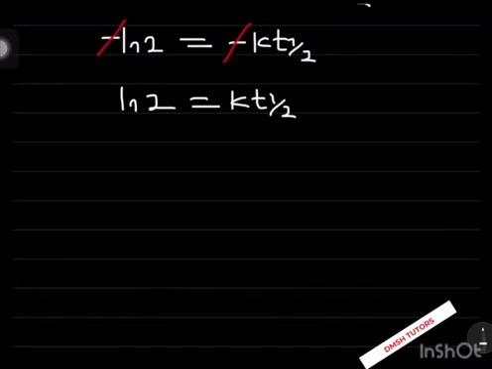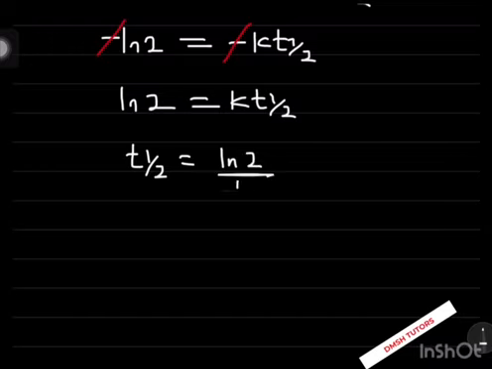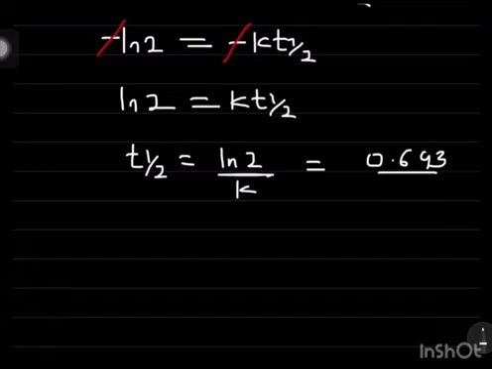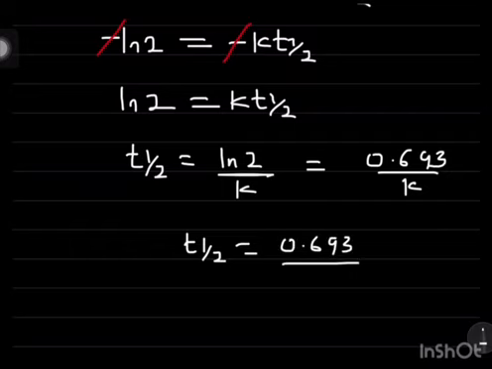So half-life becomes ln 2 over k, and ln 2 is 0.693 over k. So half-life of the first order reaction equals 0.693 over the rate constant.